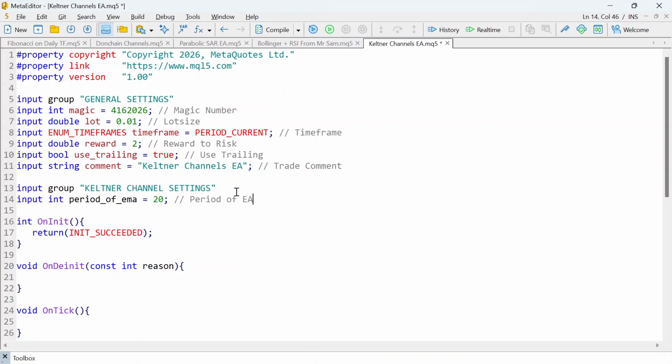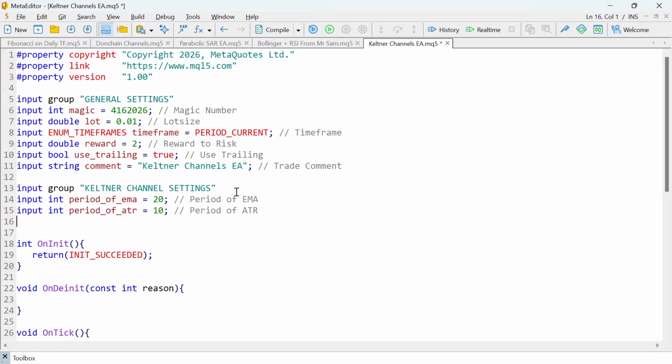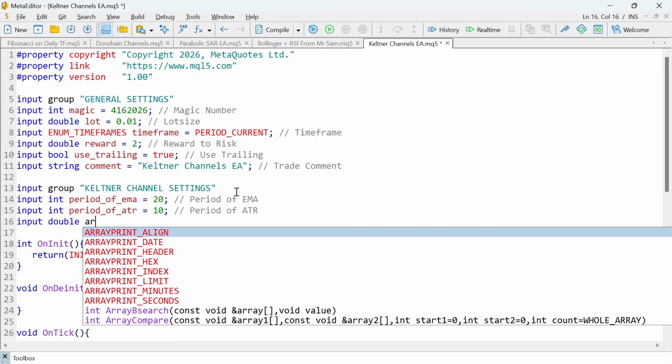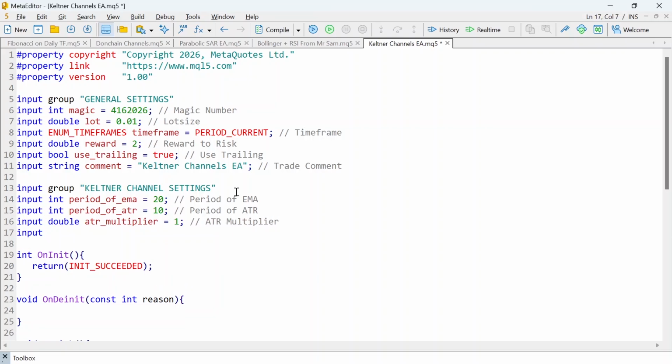Period of EMA. Then I want period of ATR, which is 10. Period of ATR. Then I want ATR multiplier, which is 1 by default. Of course, the default is 2, but I want it to be 1 because I think he used 1 in the video.